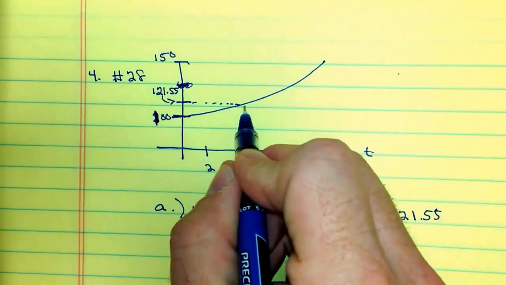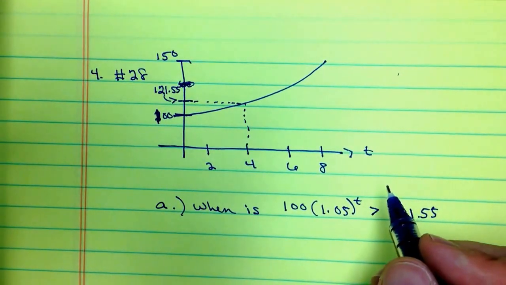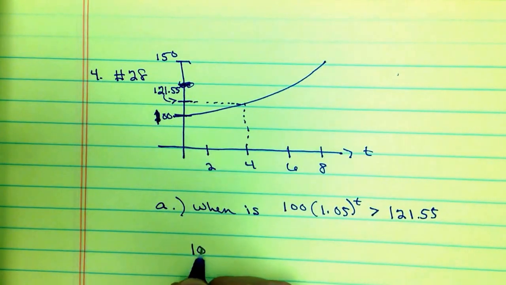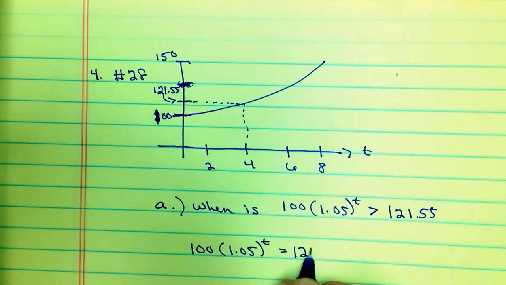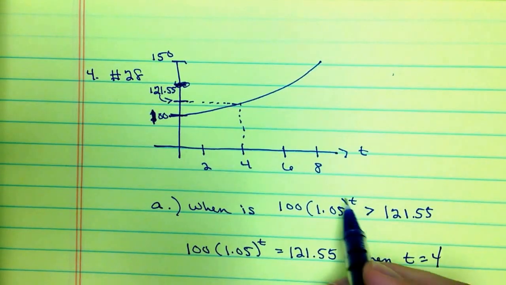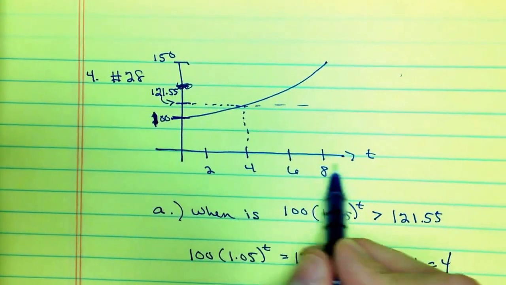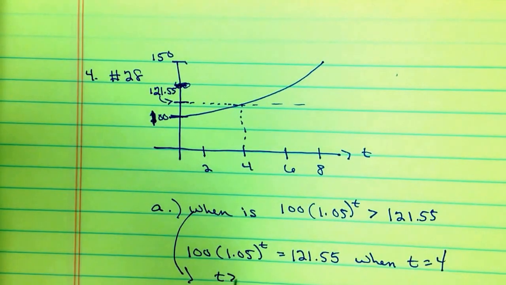So if we drew it properly, we see that 100 times 1.05 to the t equals 121.55 when t is 4. So therefore, when is it greater? Alright, well, it's going to be greater when t is bigger than 4. So the answer to this is when t is greater than 4.